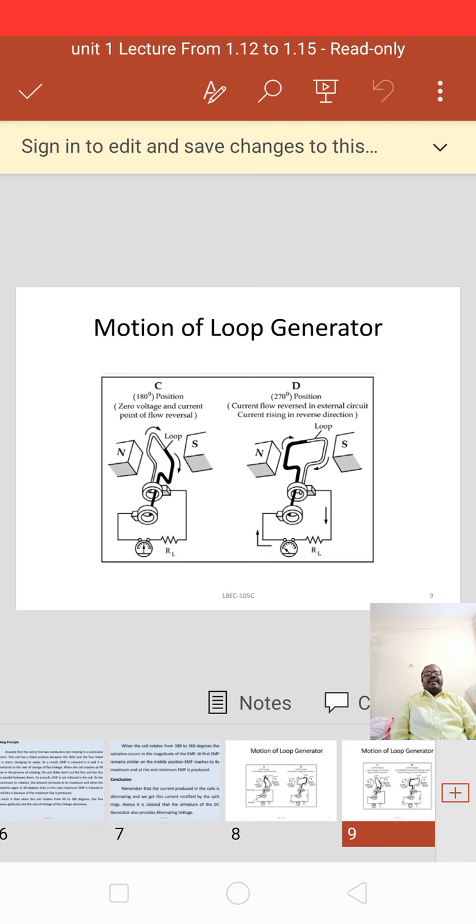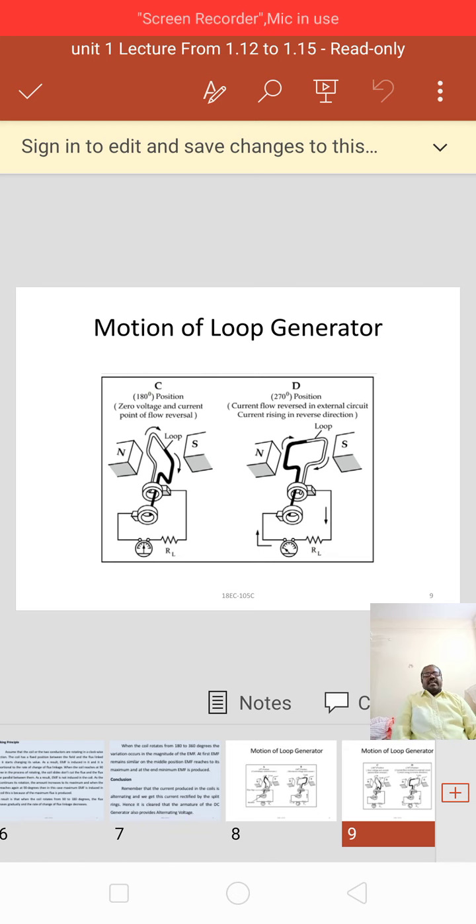A complete rotation or complete revolution is considered as the motion of the loop generator. It is clearly depicted in the figures shown in the two slides 8 and 9.